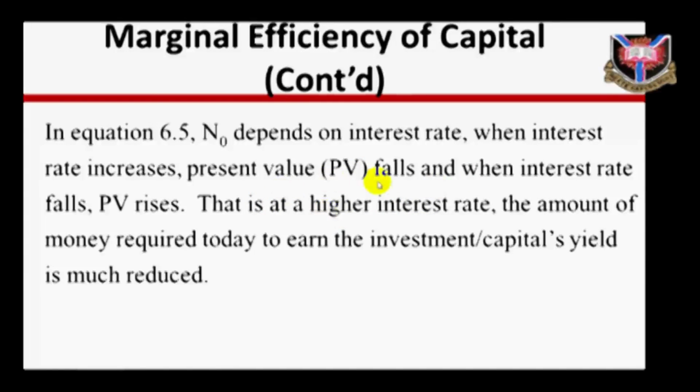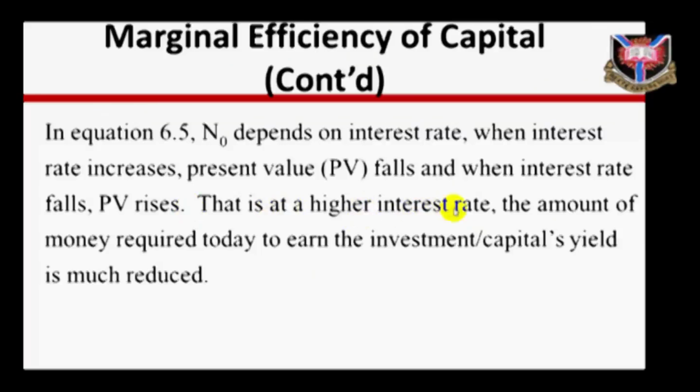Thus, if you have alternatives between keeping your money in the bank and investing it in a project, the rule is very simple. If I0 is less than PV, then invest, otherwise don't invest. In equation 6.5, N0 depends on interest rate. When interest rate increases, present value falls, and when interest rate falls, PV rises.